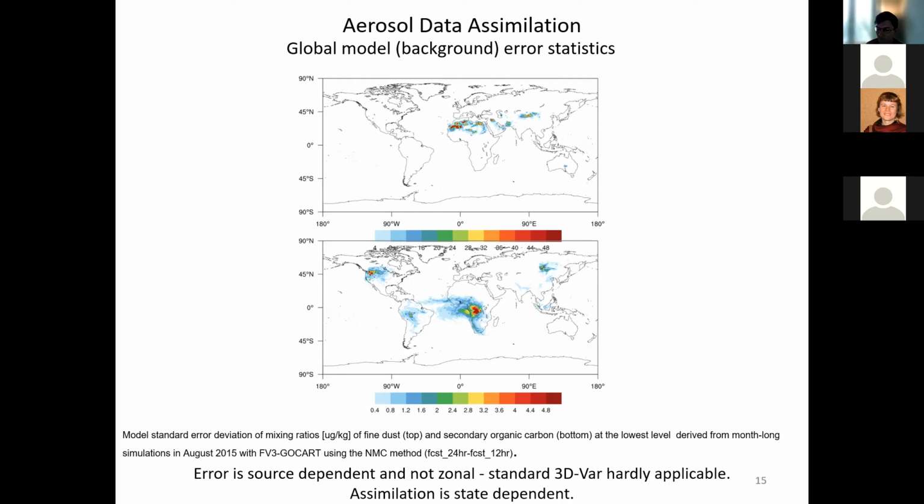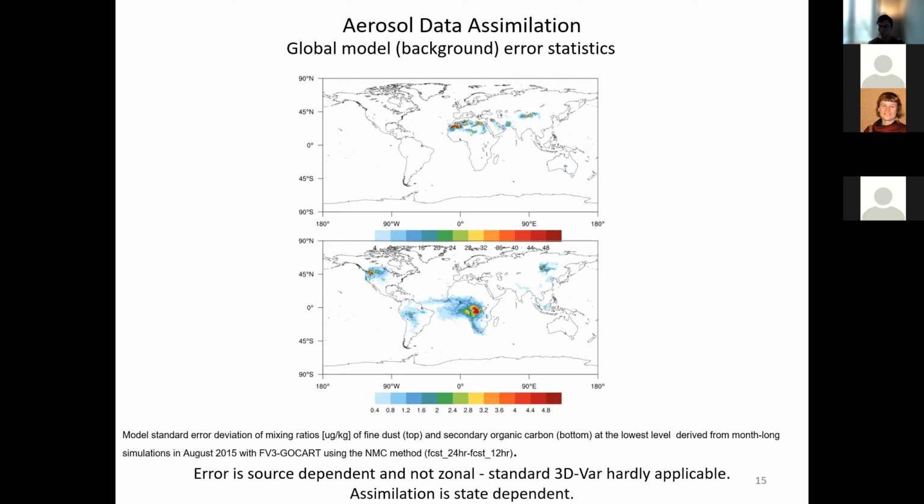That applies quite well to meteorology, but is a very poor approximation for aerosols, because aerosols cannot be assumed to vary zonally, or almost any chemical species, I should say pollutant, because you see that here the error very much depends on the source emissions. So the model error calculated for dust over Sahara would be very different from the model error for dust almost anywhere in the world. So there is a strong dependency of model errors on the location.